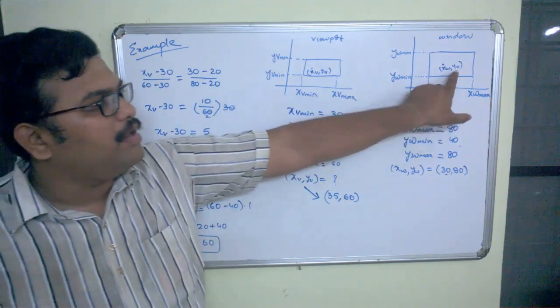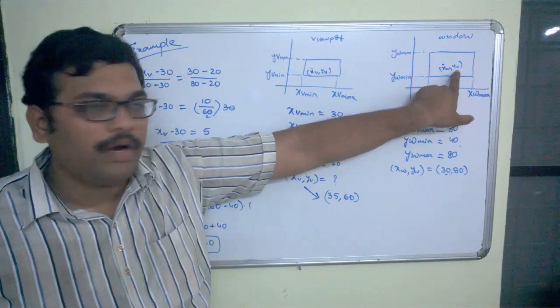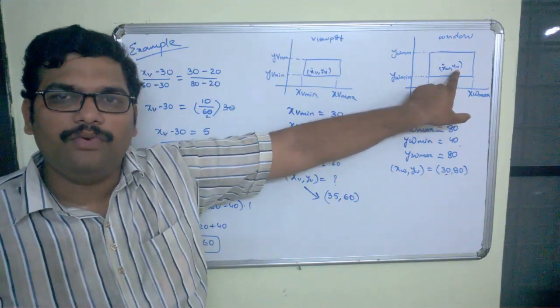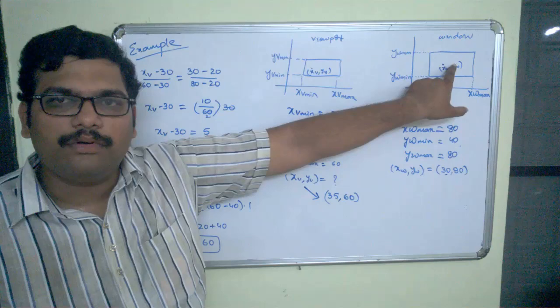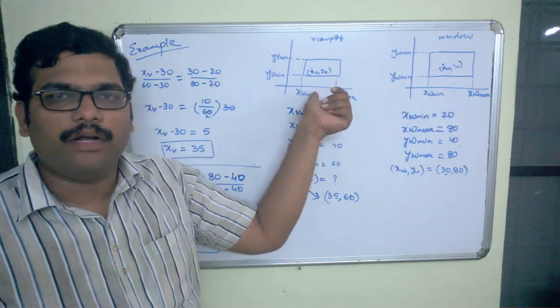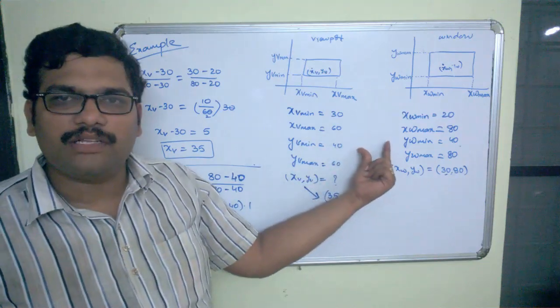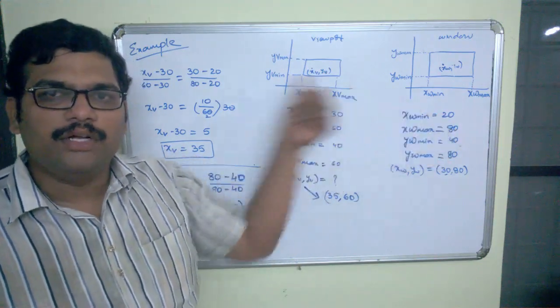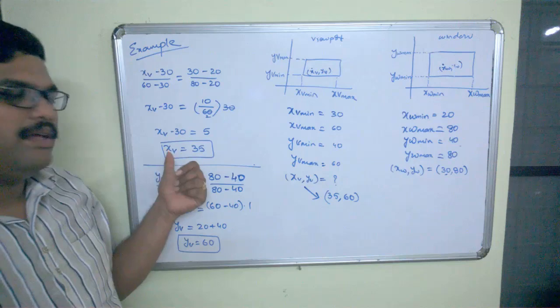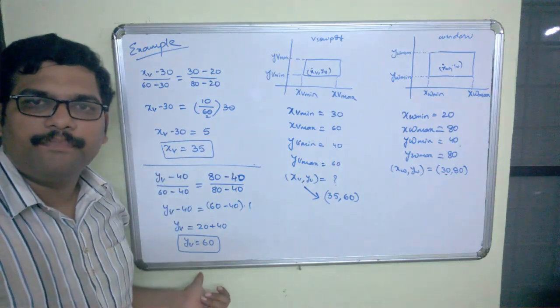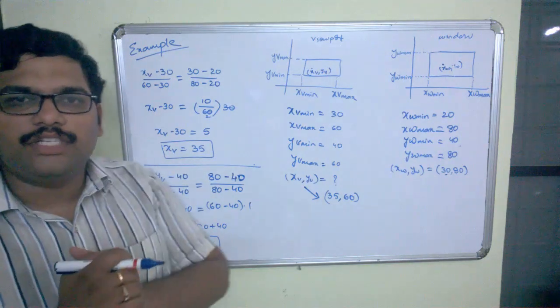So we have a window coordinate XW comma YW, and we need to find the corresponding viewport coordinate XV comma YV. As we know the relative positions are the same for window and viewport, we apply the same formula to find XV comma YV. Hope you understood this problem.